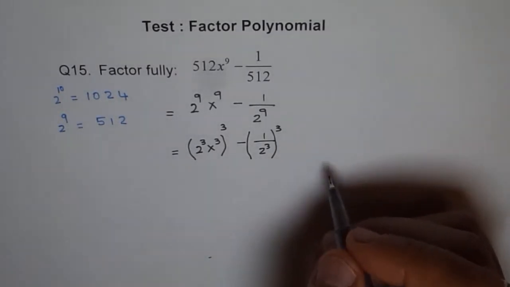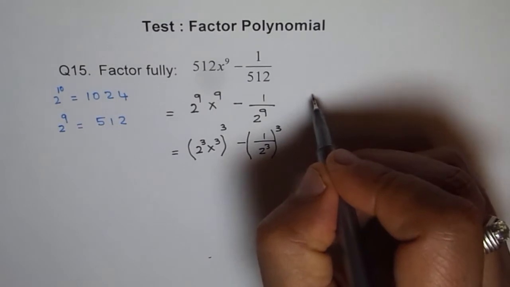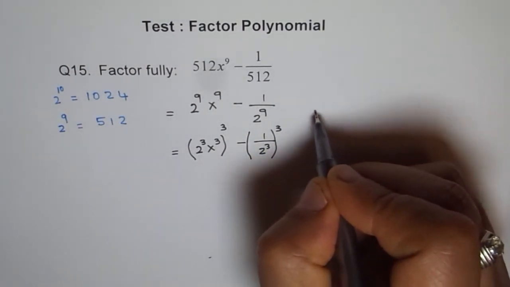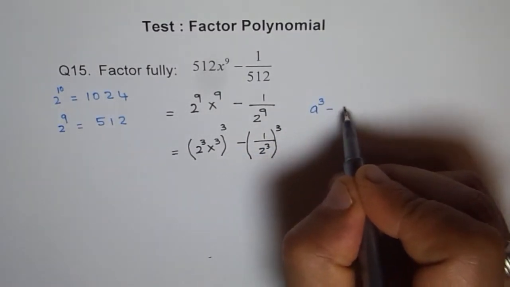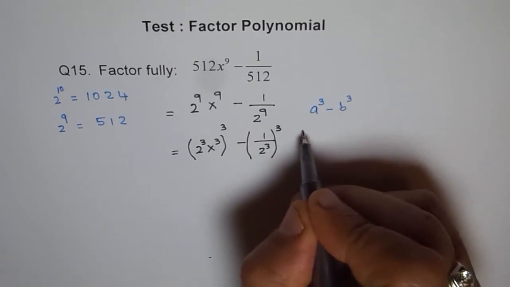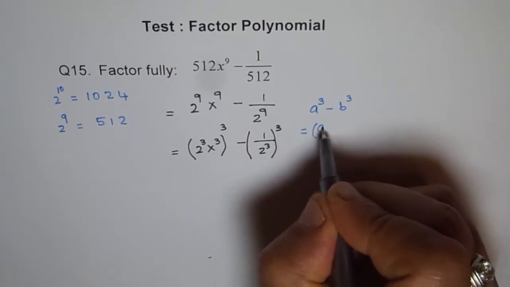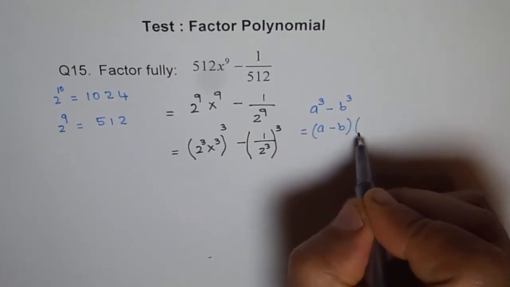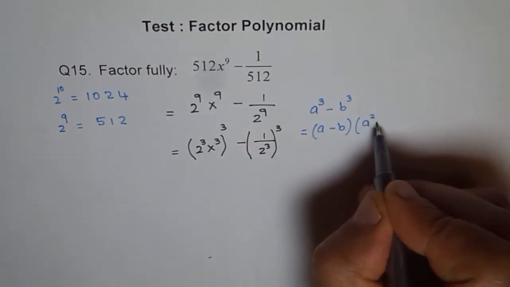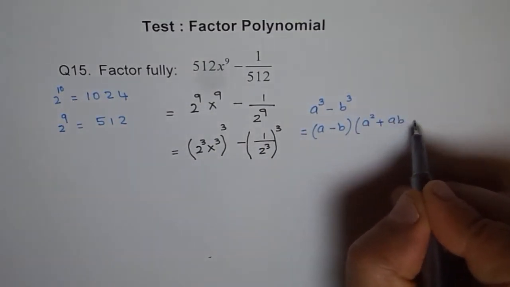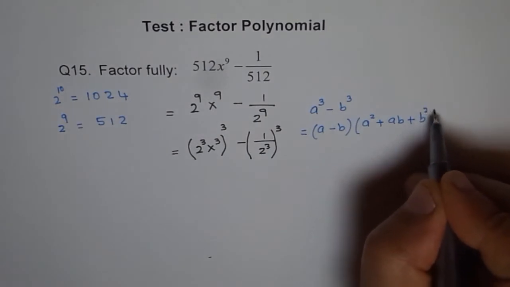Let me do this on this side. So we have a cube minus b cube is equal to a minus b times a square plus ab plus b square.